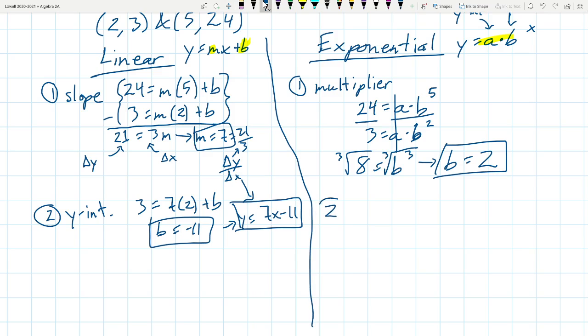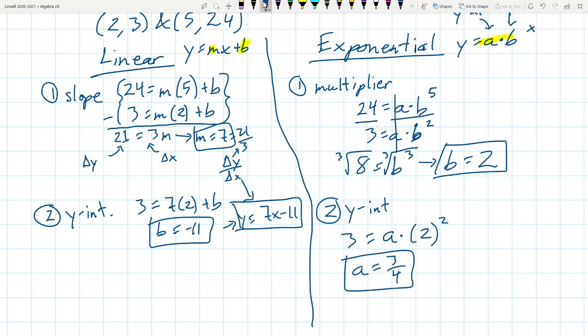Last, we want to find our y-intercept. I'll do that by plugging that 2 into one of the equations we started with. It doesn't matter which one, so I'm going to use the one with smaller numbers because I don't want my life to be too complicated. That gives 4a on the right side, so a is equal to 3 over 4.